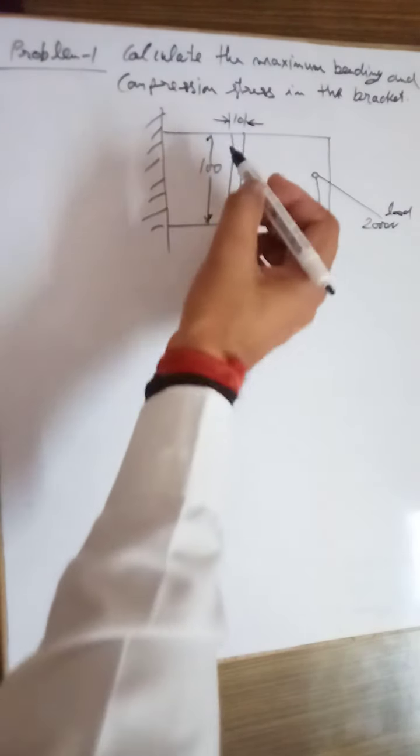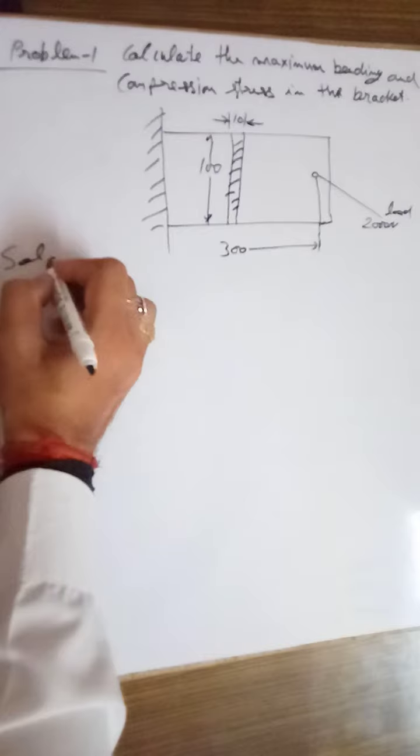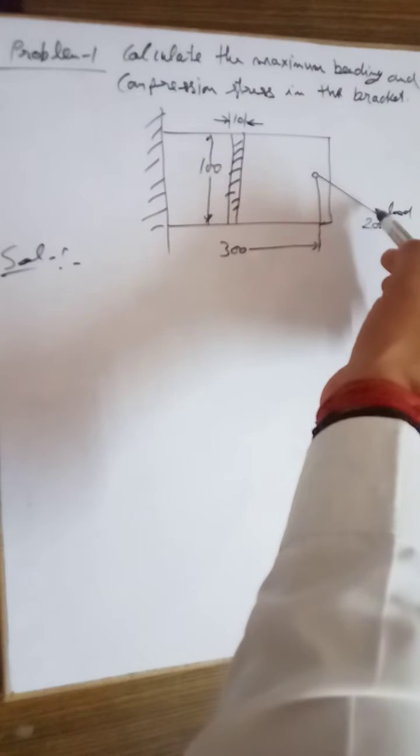So for this problem we need to calculate the maximum bending and the compression stress in the bracket. So for that, let the load be split. This load can be split into the horizontal and the vertical components, that is for the compressive and the tensile stress respectively.